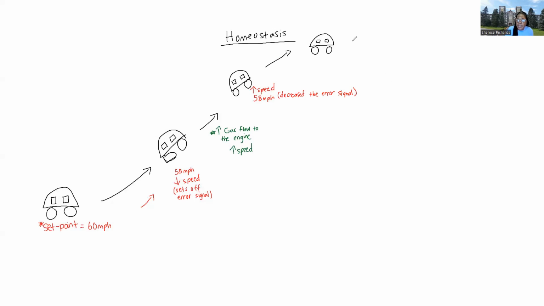We're back at 60 miles per hour, which we said is our set point value. And so here we can turn off the error signal.